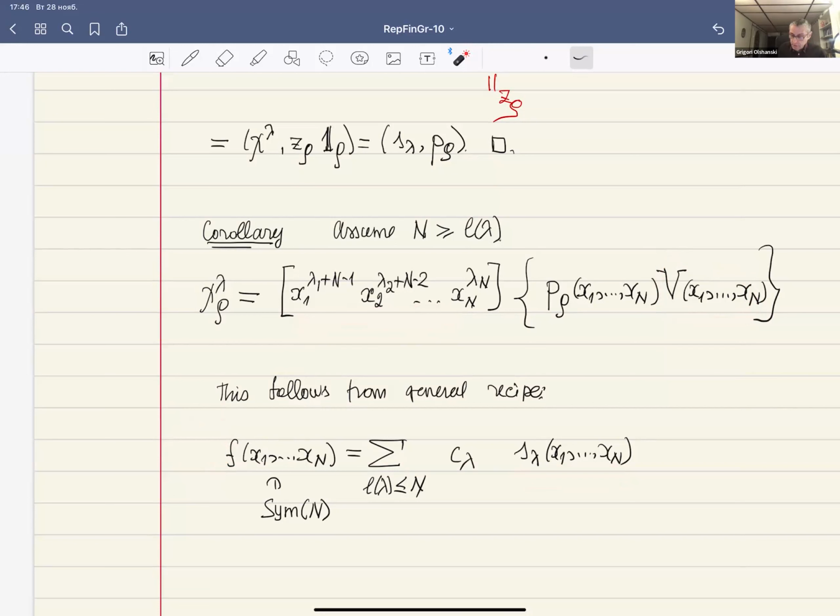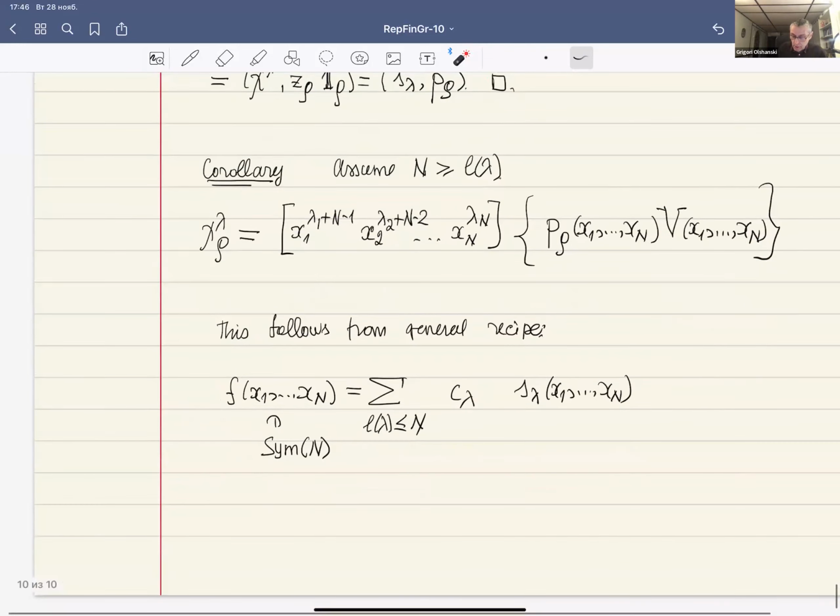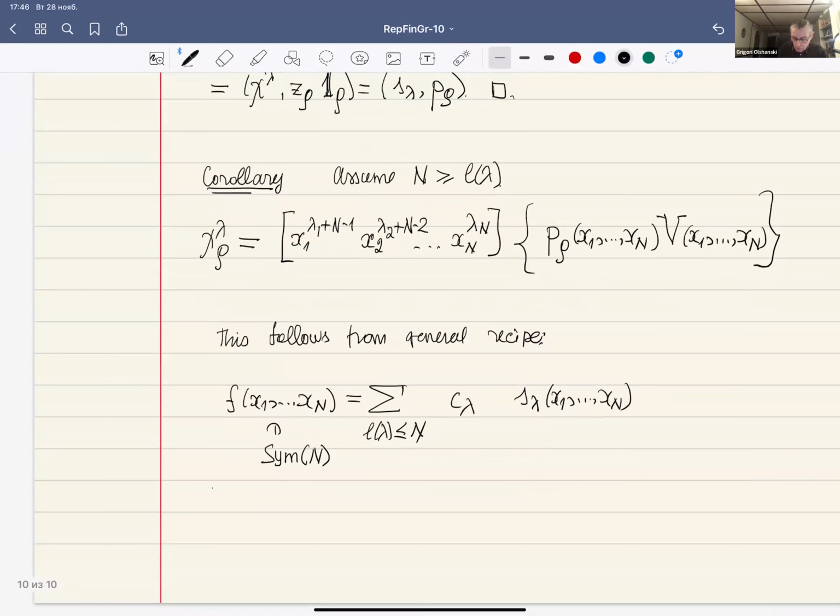In this particular case, we apply this to f equal to this function.